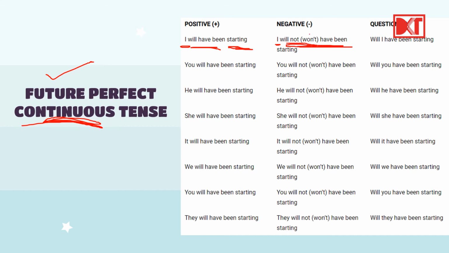We include a not in between because it is a negative sentence. Then the verb plus ing, right? Then for a question, will plus subject plus have been plus verb ing. Alright, so this is valid again for all the categories of persons, first, second, or third, singular or plural. Alright.